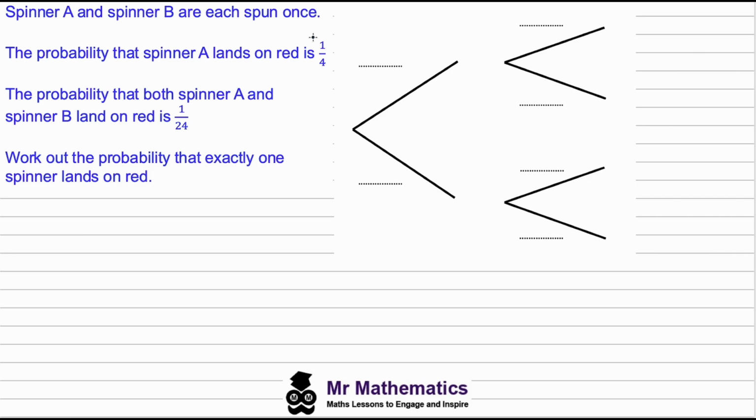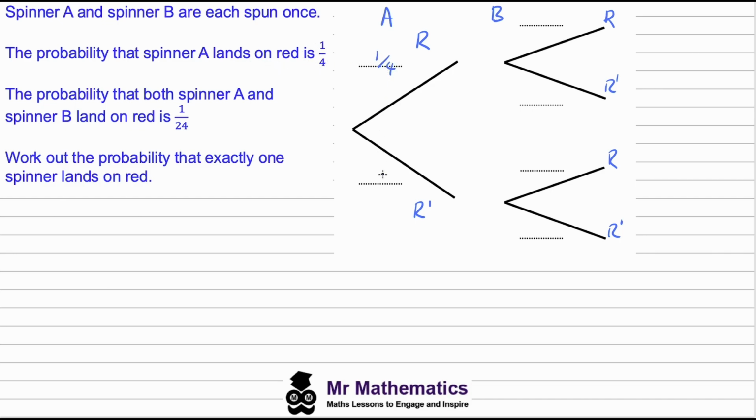Okay, so if we begin with our tree diagram, we can get a red or a not red. And this will be on both branches, a red and a not red. Now we're told that the probability of spinner A, we'll label this one A and this one B, getting a red on A is 1/4.